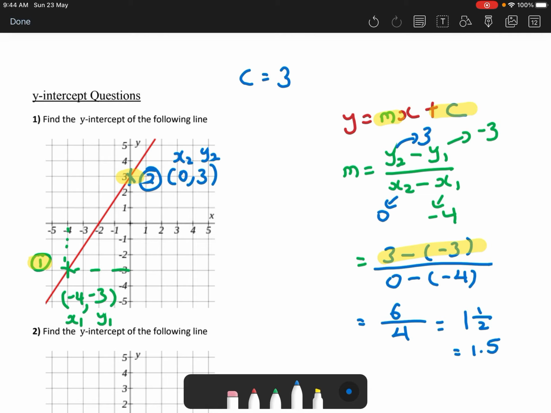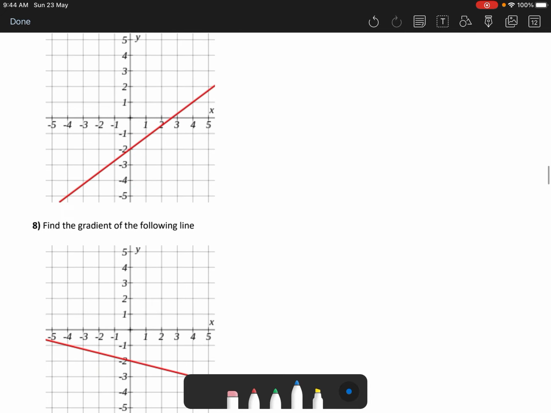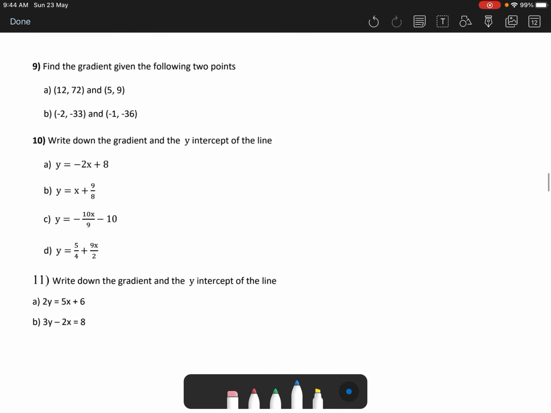What if you are not given any graphical picture? Let us move on to page number 10, where we are not given any graphical picture and we need to determine the gradient and y-intercept. So how do I do this? Very simple. We look at part A, question 10a.